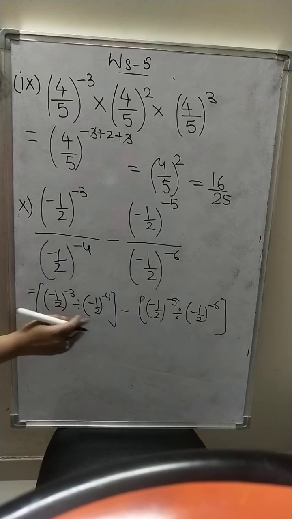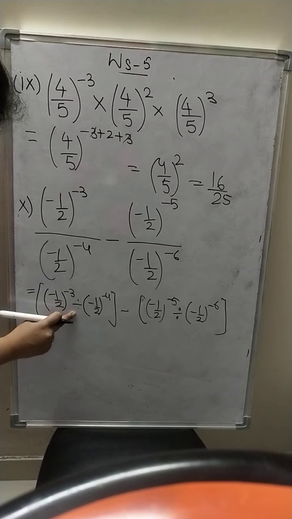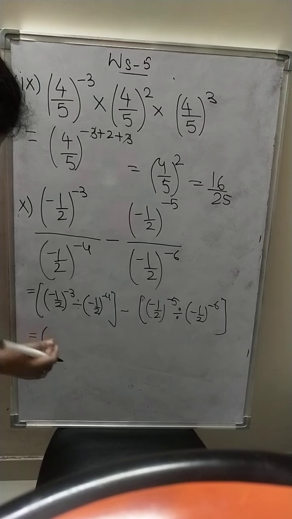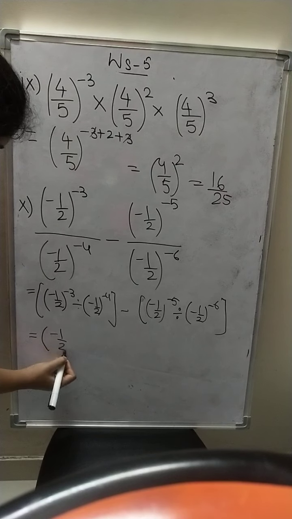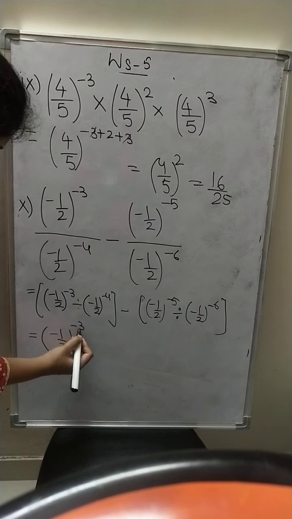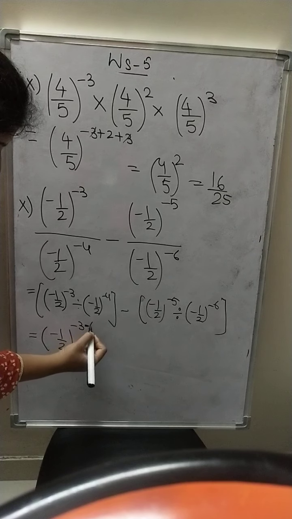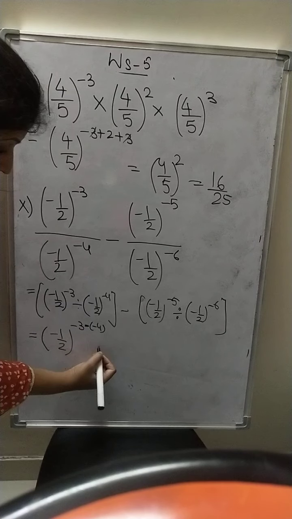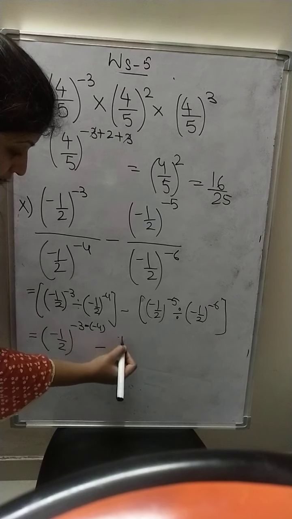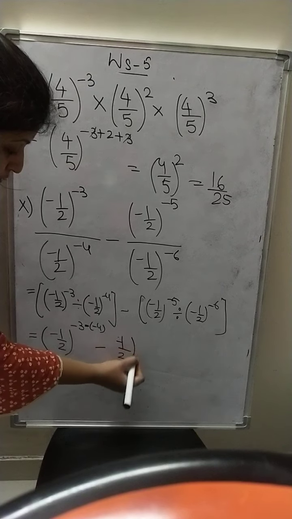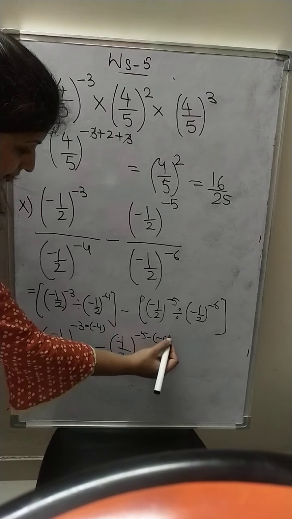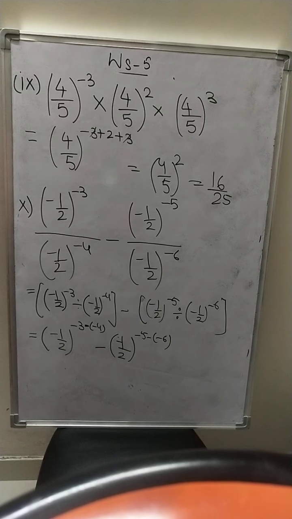Now here bases are same and there is a divide sign in between, so powers will be subtracted. Watch very carefully. What am I going to do? So (-1/2) raised to the power minus 3, we have to subtract the powers, but already there is a negative sign, so I am using a bracket. So here again minus sign, then (-1/2) raised to the power minus 5 minus 6. Alright, can you understand the use of bracket?